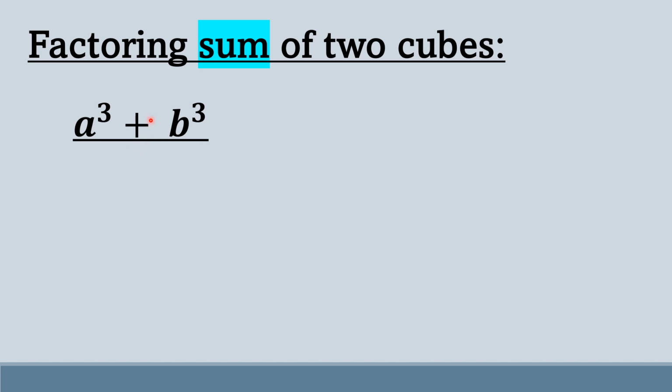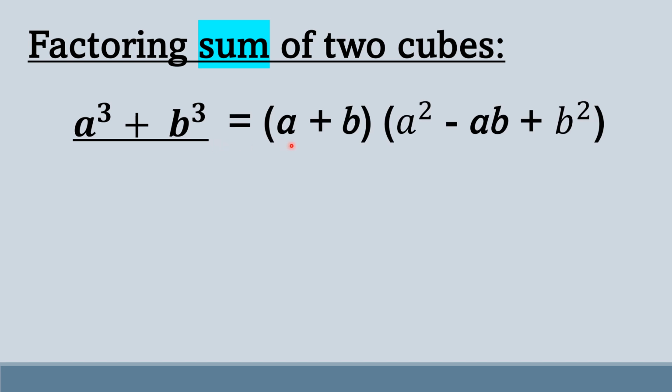Its factors follow the pattern quantity of A plus B times the quantity of A squared minus AB plus B squared.